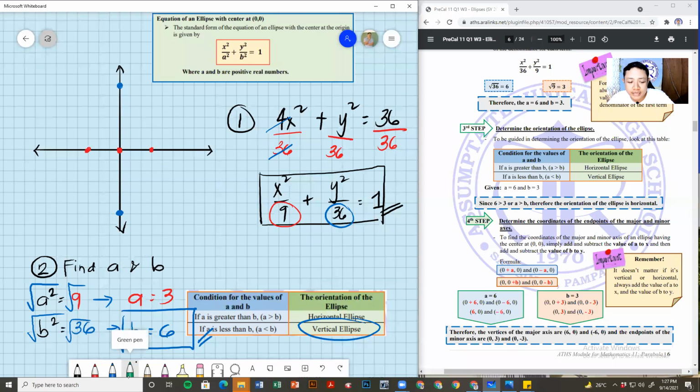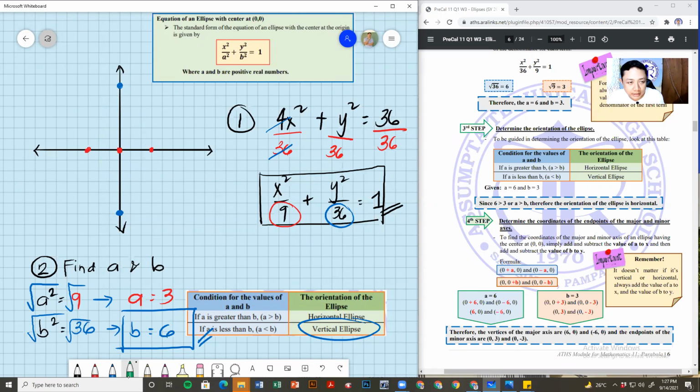Actually, as early as now, we can already draw our ellipse. When we draw it, always remember, it's a curve. Some learners draw a diamond. It's not a diamond. Don't make a diamond in this figure. We are making an ellipse.